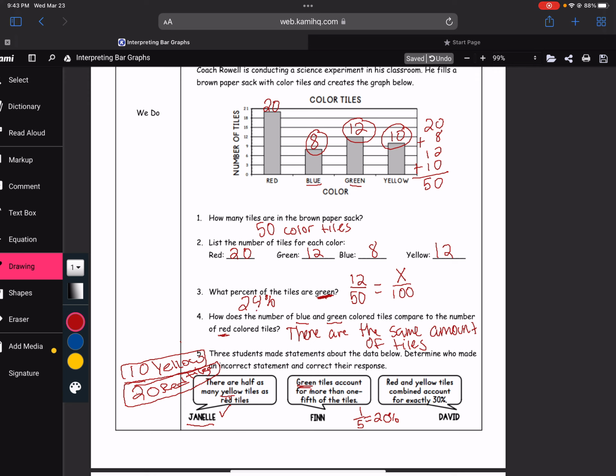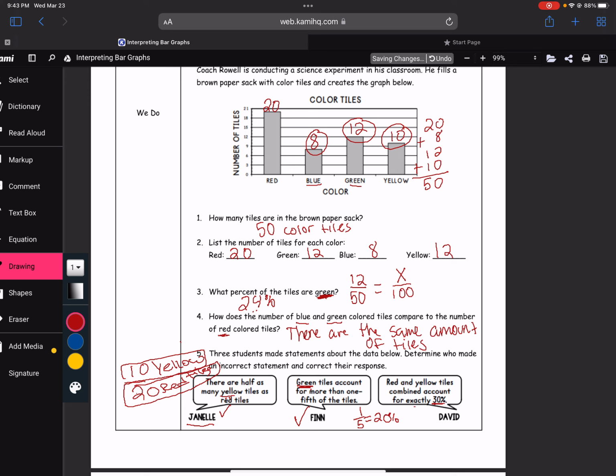So is the green tiles' 24% greater than the 20%? Yes. So his statement reads, green tiles account for more than 1/5 of the tiles. So yes, that is true. Finn is correct.